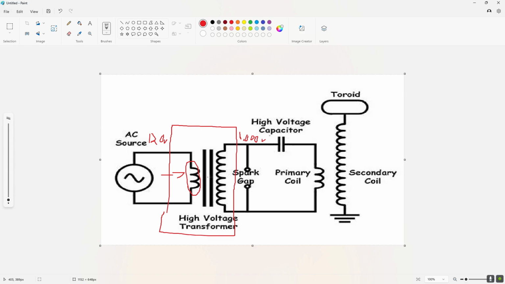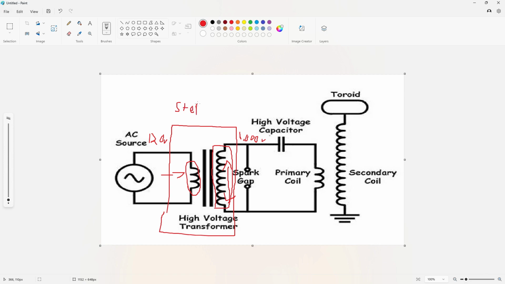It could be larger or smaller, but at any rate, this coil is close enough to this one that the energy from here will transfer over here. But not only will it transfer, the voltage on this coil will increase because there's more windings on this side. Okay? Because there's more windings over here, this is what the illustration is showing you, that this is a step up transformer. This is just a step up transformer.